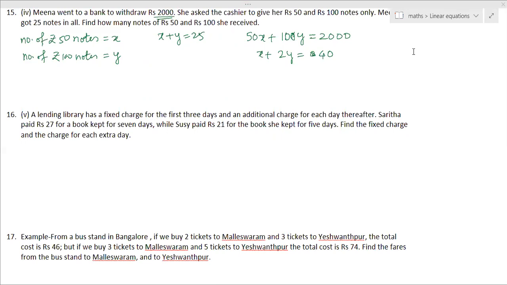Ma'am, the charge for the first 3 days can be X, and then after 3 days there is a fixed charge.